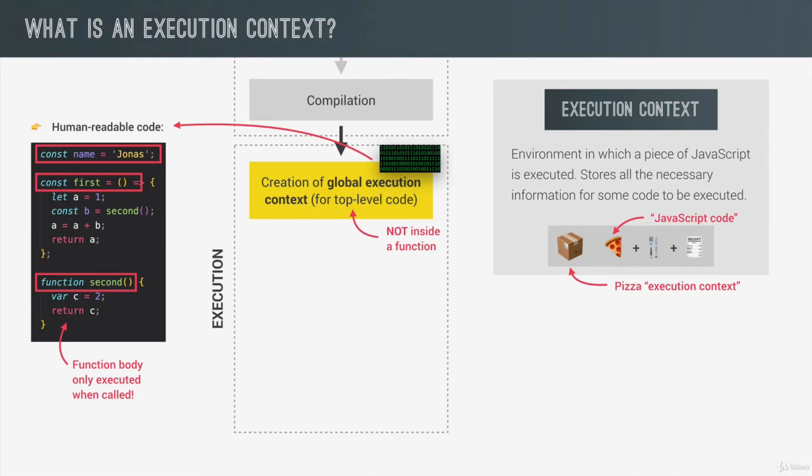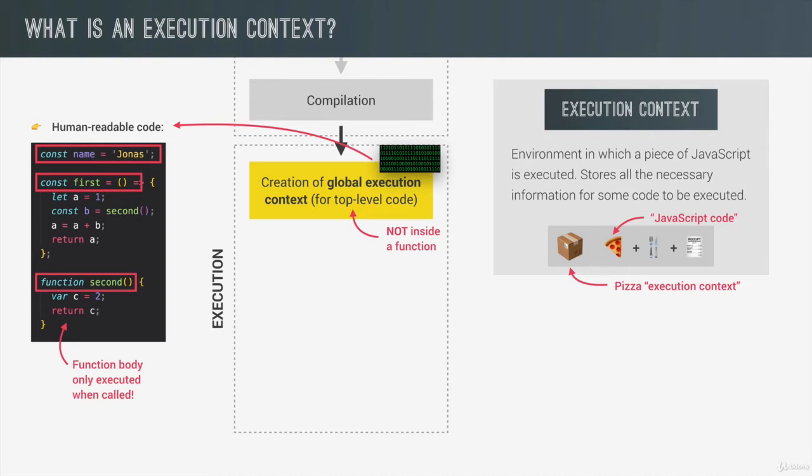And that's because eating the pizza happens inside the box, which is then the environment for eating pizza. The box also contains cutlery and the receipt, which are necessary to eat the pizza, or in other words, to execute the code. Okay? I hope that made sense and made the concept of execution context a little bit more clear.